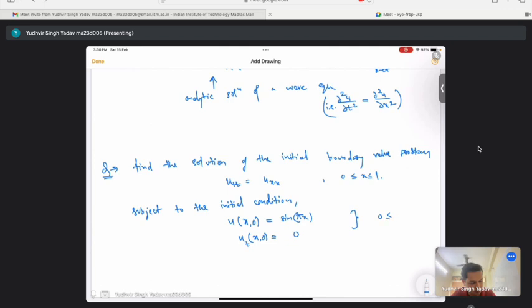So both in the domain is fixed, that is from 0 to 1.